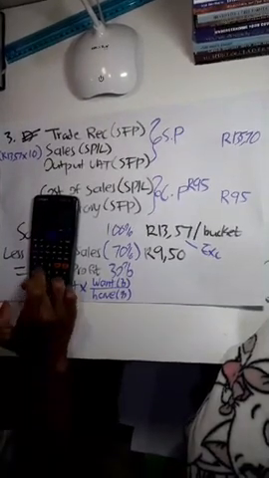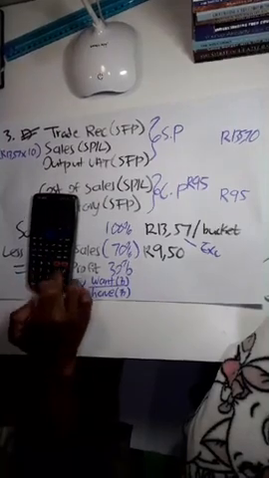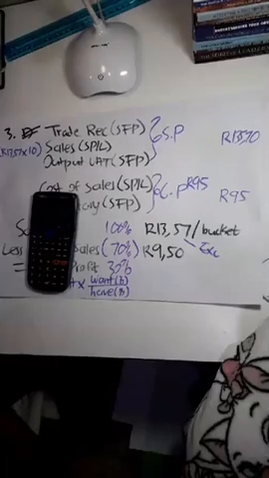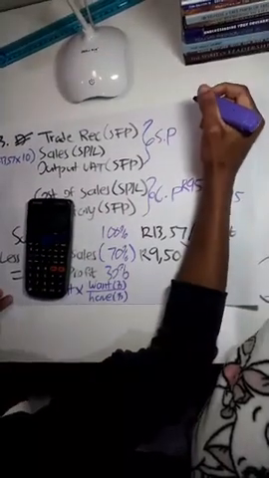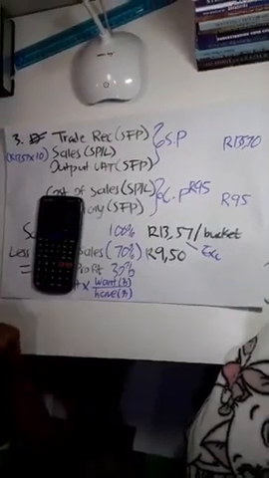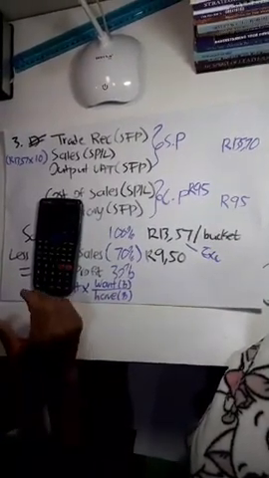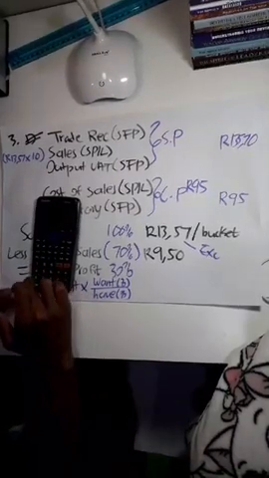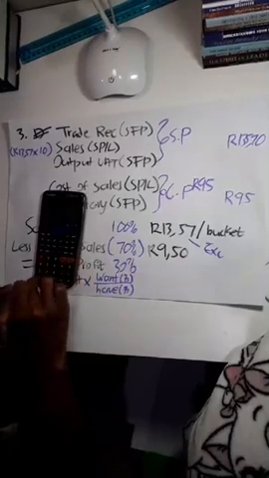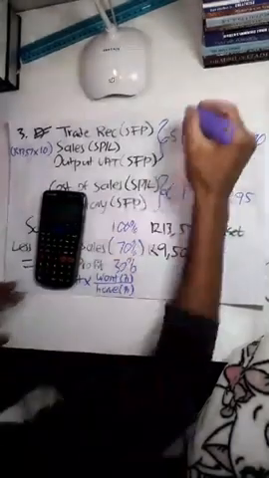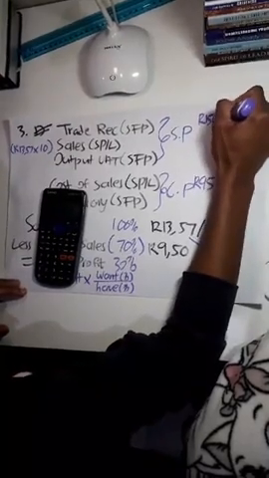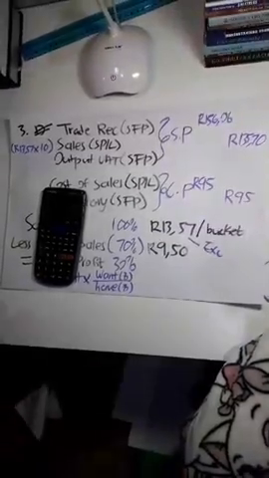So multiply by 115, divide by 100, and you get 156.06, right? Are we getting the same answers?